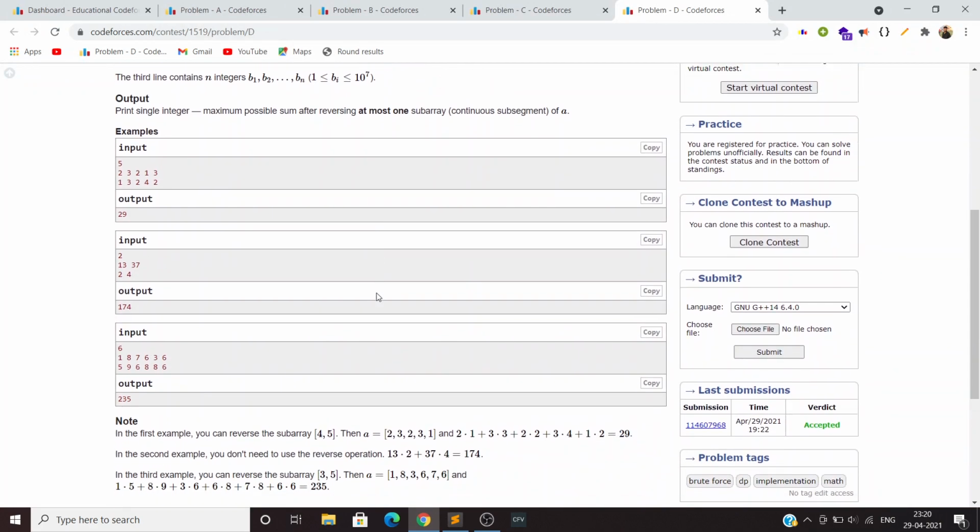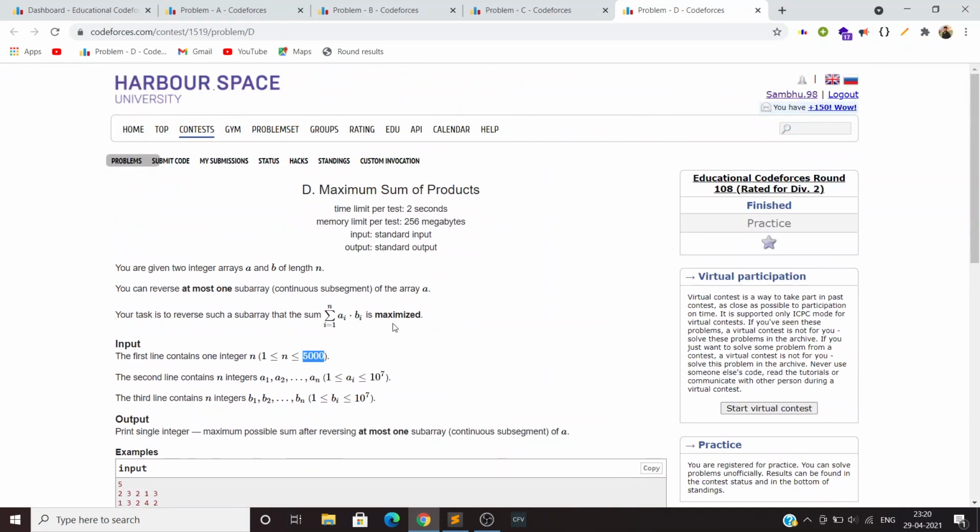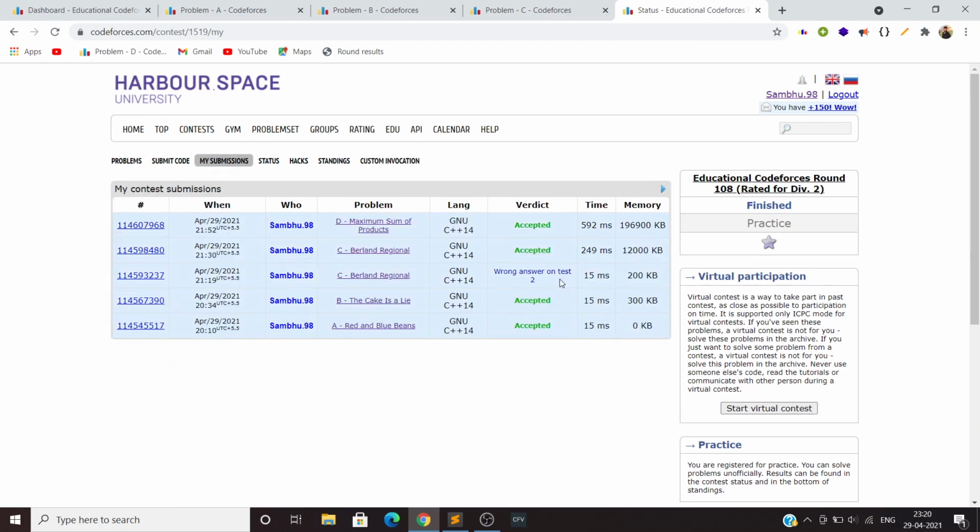Hope you have understood this part also. Here you can see my submissions during the contest. I took a very long time for solving C, and for D I solved it in much less time.